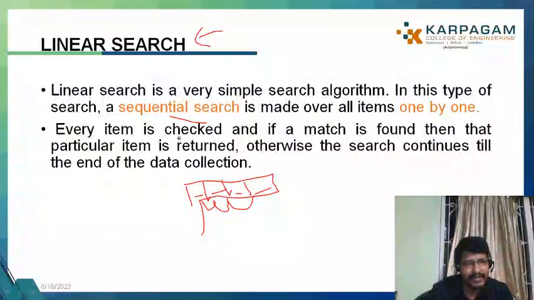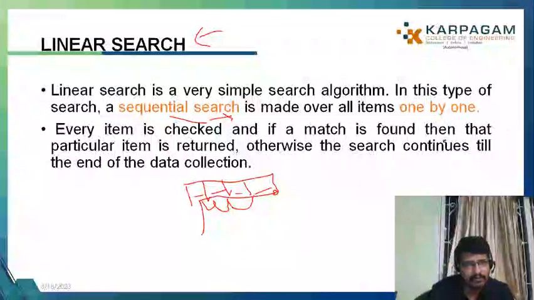And here every item is checked, and if a match is found, I can say that the number is present. Otherwise, I have to continue until the end of the list. Here again, just think about if I am having 1,000 numbers or 2,000 or beyond that. Always this linear search will be very tedious if my searching number happens to be at the end of the list. So that's where this worst case scenario comes up.